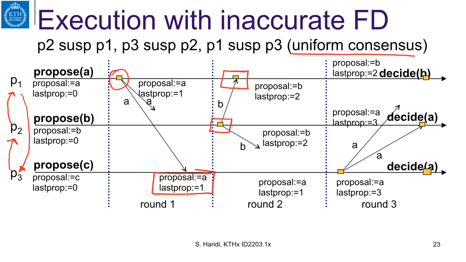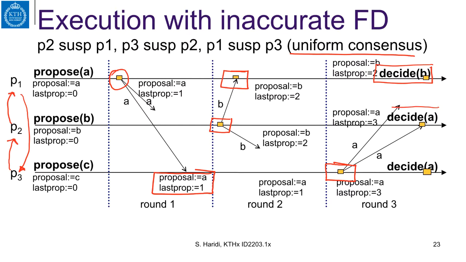But it will be skipped by P3 because P3 does not trust P2. And now P3 is going to decide on A. This was the last adopted value. But P1, which does not trust P3, is going to decide on B.